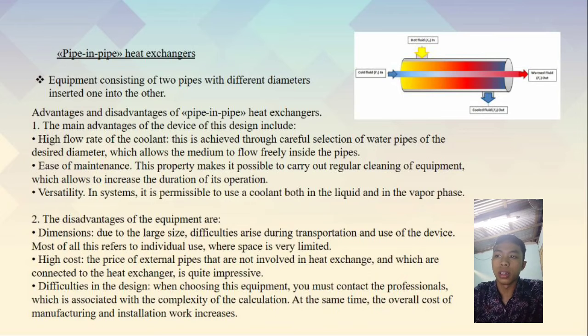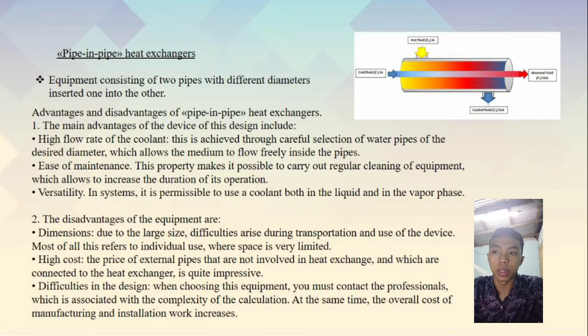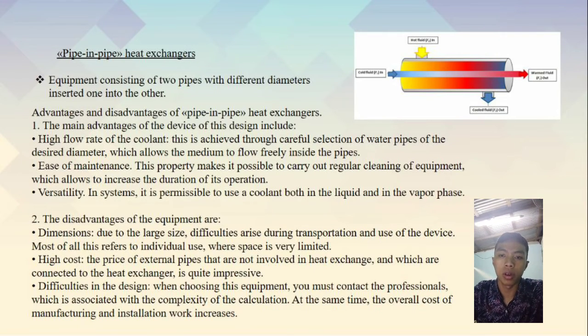Advantages and disadvantages of pipe-in-pipe heat exchangers. First, the main advantage of devices of this design includes a high flow rate of the coolant. This is achieved through careful selection of a water pipe of the desired diameter, which allows the medium to flow freely inside the pipe.